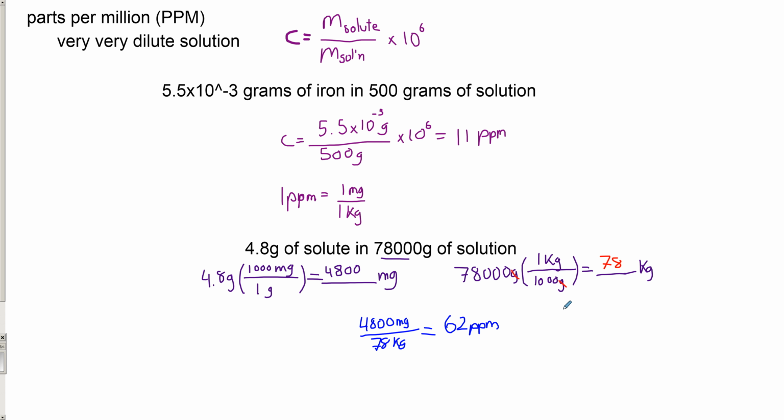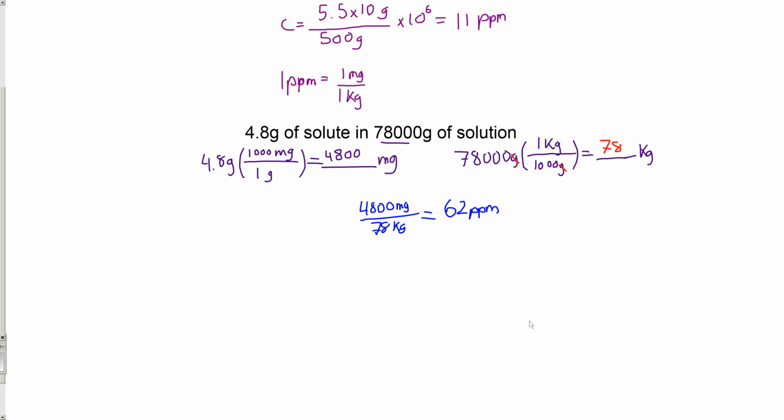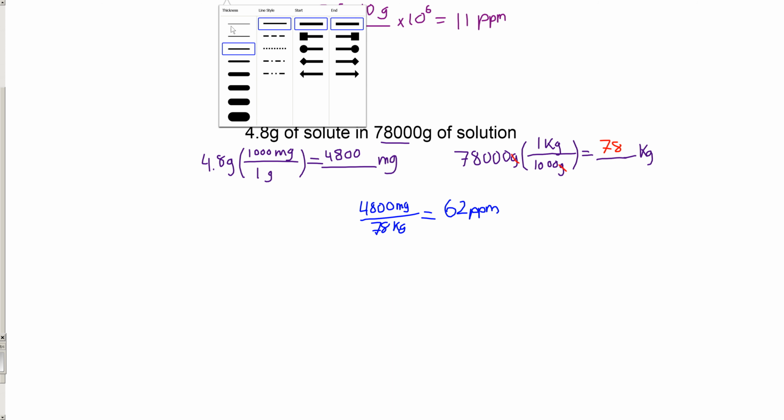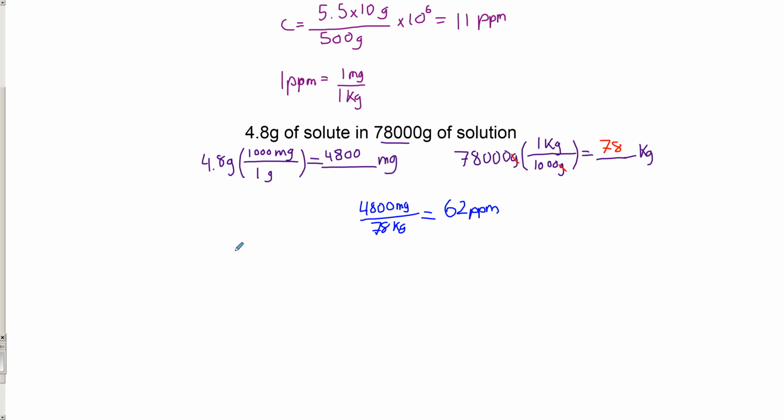The only other version that you may encounter for parts per million is this: concentration equals milligrams per liter.